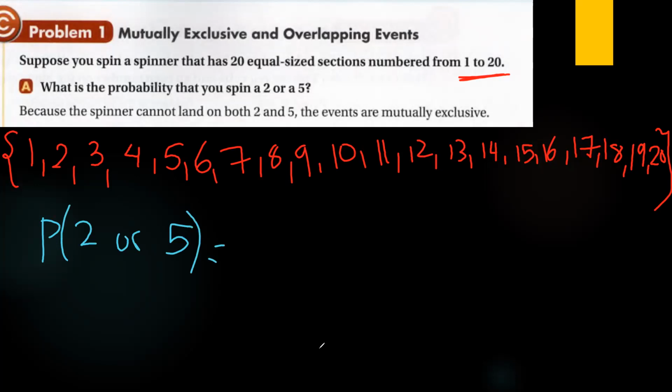Ask yourself first, if you see the word or, remember, it could be mutually exclusive or overlapping. Now, 2 or 5. Ask yourself, can I choose number 2 and number 5 at the same time?